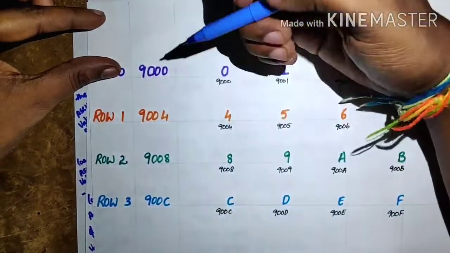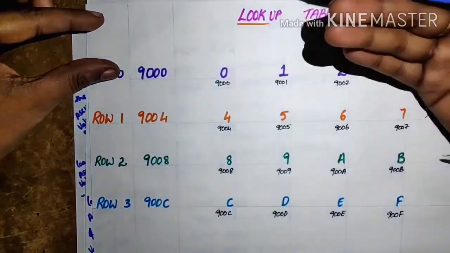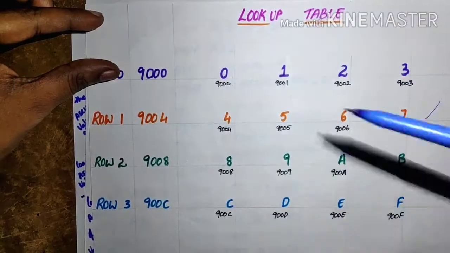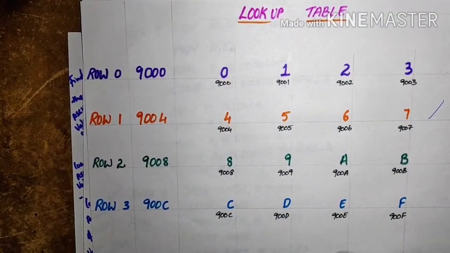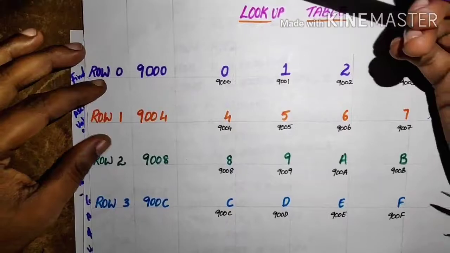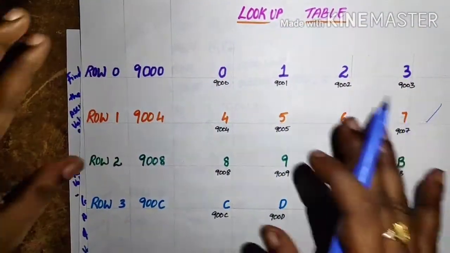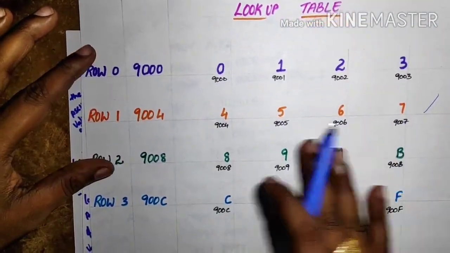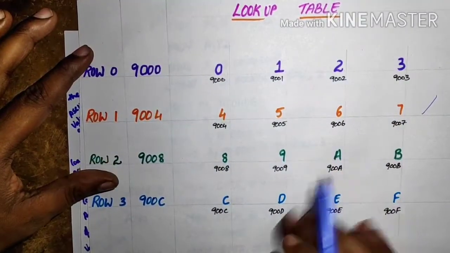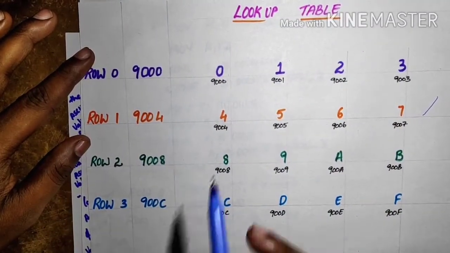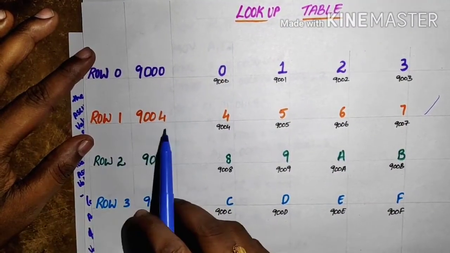Why the lookup table is like this, we will see clearly. The lookup table is different from our keyboard sequence, so don't bother about that; we will see how we identify them. One thing we must keep in mind is the values of rows here.